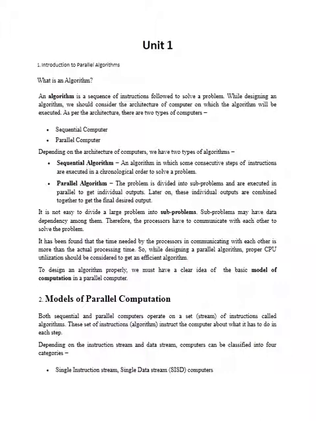We use these algorithms to minimize the time complexity and the space complexity. There are several models used to implement these. One of the processing methods uses four types of models, the models of parallel computation.